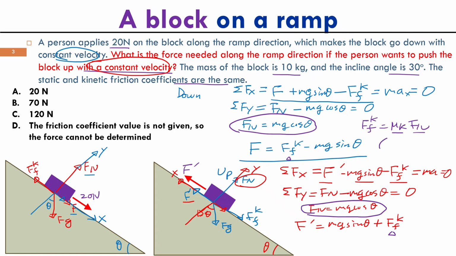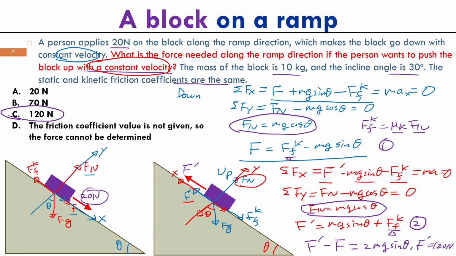So if I call this equation 1 and this equation 2, and I use equation 2 minus equation 1, what do I get? I get F prime minus the applied force in the first situation, which is 20 Newton, equals 2 mg sine theta, because the kinetic friction force is gone. And if I plug in all the values, F prime is 120 Newton. So the correct answer would be C.